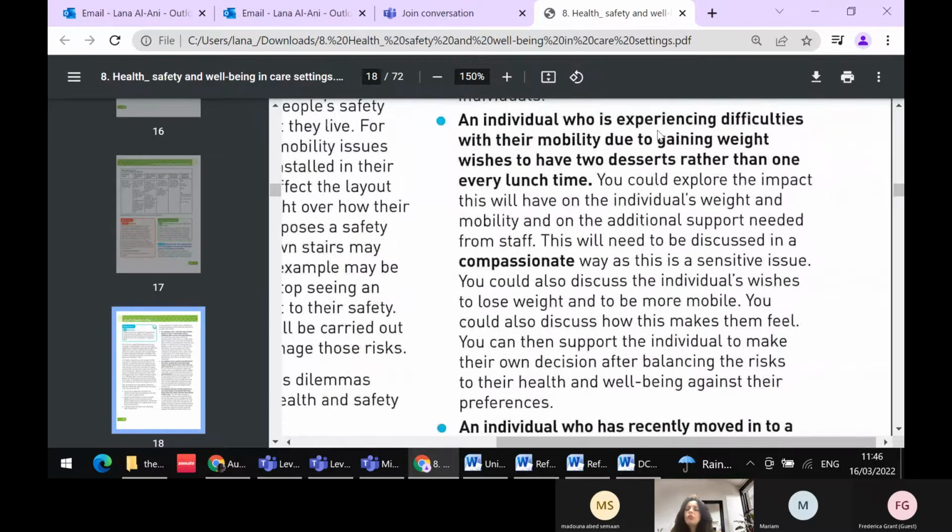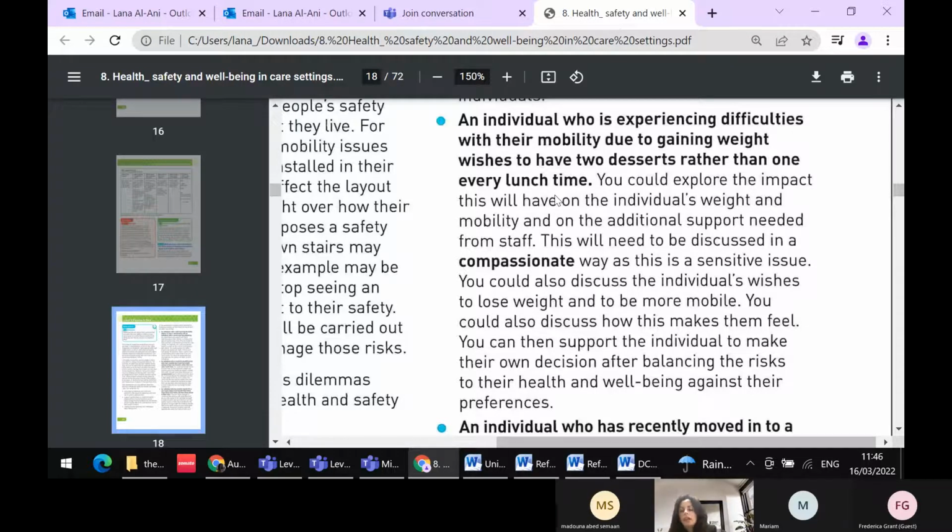Also, an individual who experienced difficulties in their mobility due to gaining weight. So if a person who's gaining lots of weight wishes to have 2 desserts at lunchtime, not only 1 dessert, you can do a risk assessment.